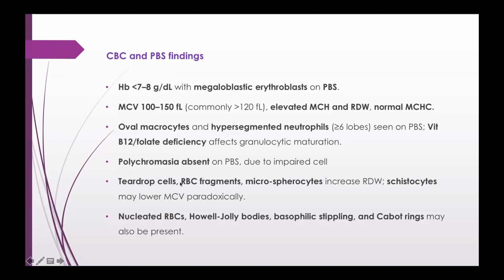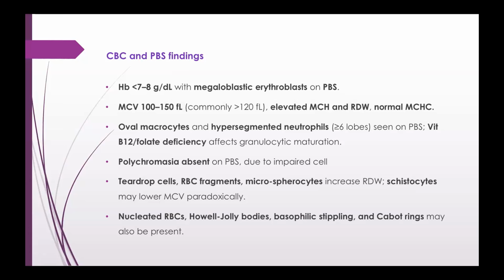production, and teardrop cells, RBC fragments, and microspherocytes will also increase, which in fact shows that this condition is associated with hemolysis. That's why you would find the microspherocytes and RBC fragments, as well as schistocytes, which are associated with hemolysis.